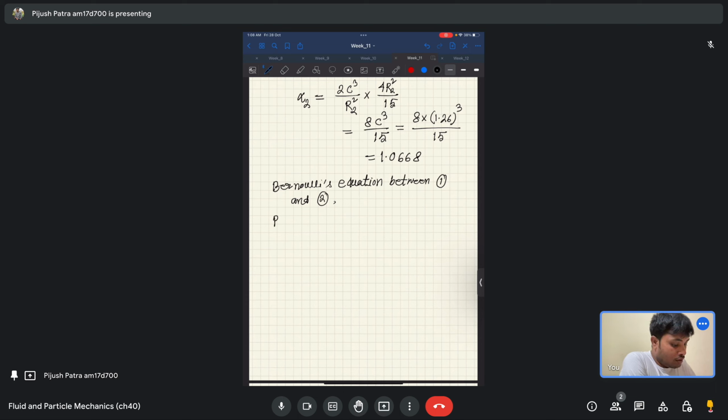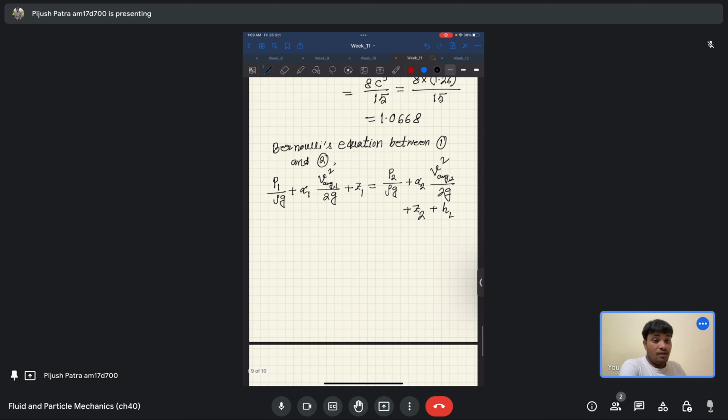So this is P1 by rho g plus alpha 1 into V average 1 square by 2g plus Z1 equal to P2 by rho g plus alpha 2 V average 2 square divided by 2g plus Z2 plus head loss HL.